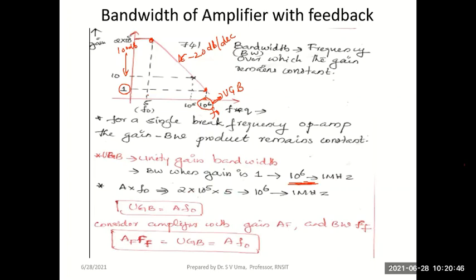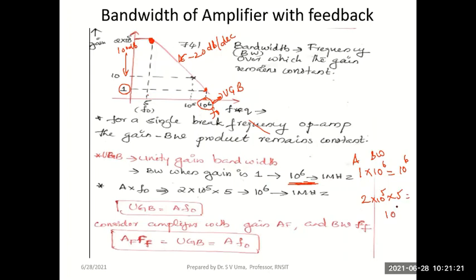Here it is 1 into 10 to the power of 6. The gain is 1 and the bandwidth is 10 power 6. So I'll have a value 10 power 6. Similarly, if I try to find the gain bandwidth product at this point, you see this point is at 5 Hertz, right? And the corresponding gain is 2 into 10 power 5. So 2 into 10 power 5 into 5 Hertz.